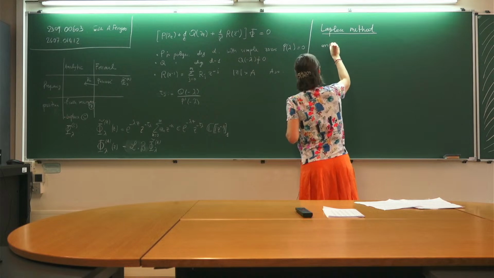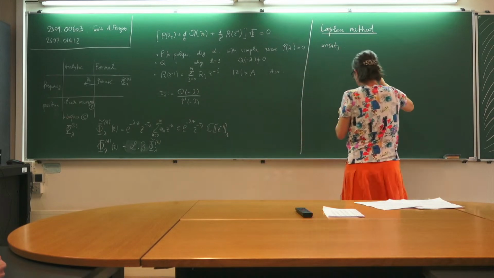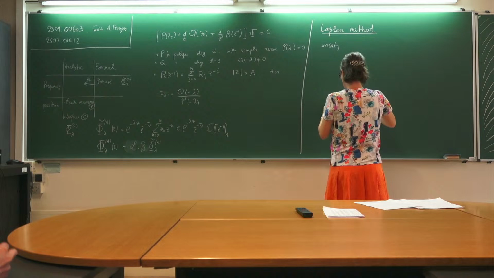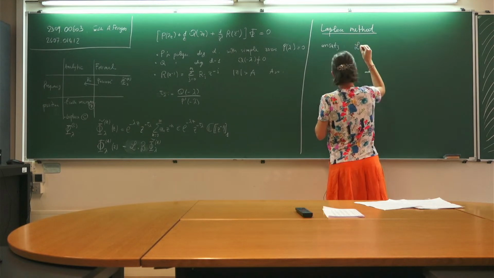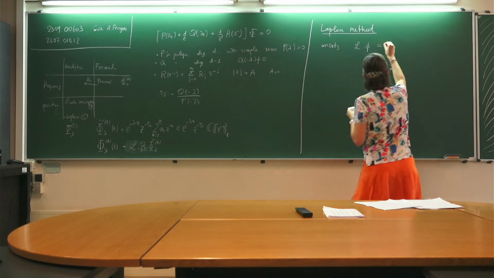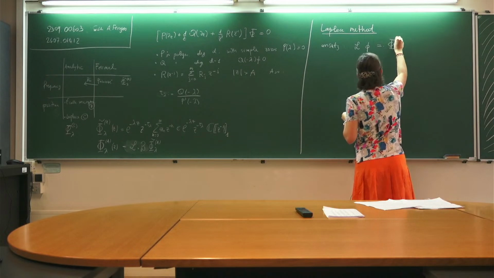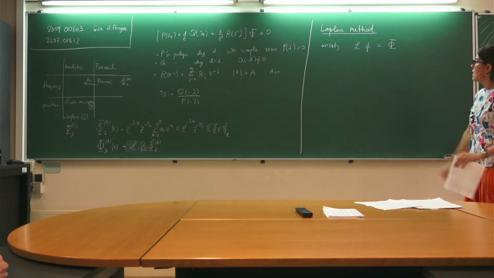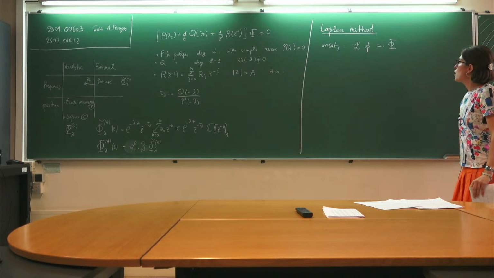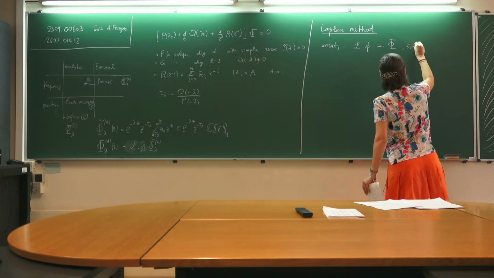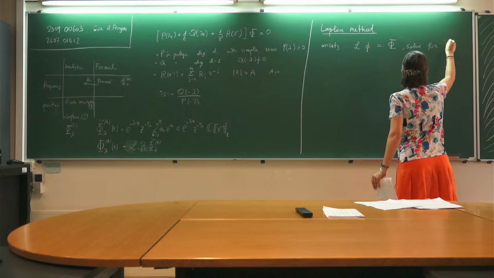Essentially, you have to consider as an ansatz the Laplace transform. So you take as an ansatz the Laplace transform of phi, and then you solve for little phi.